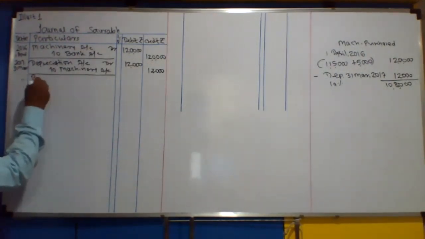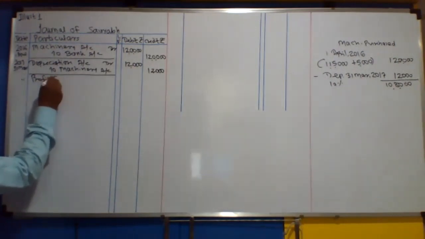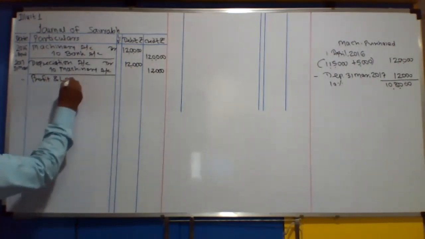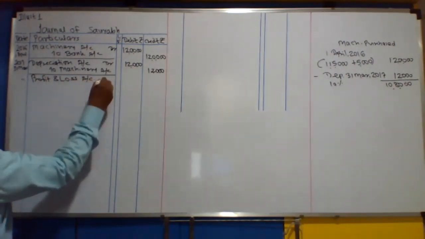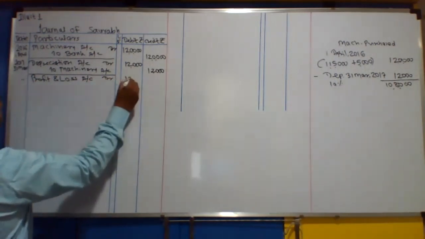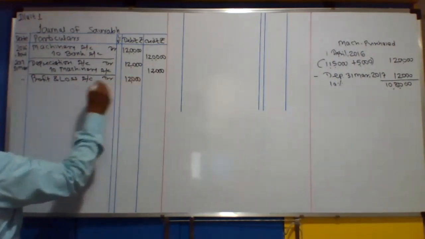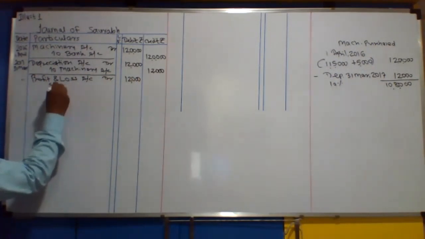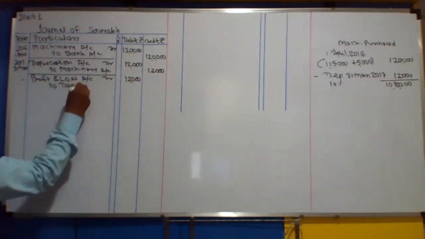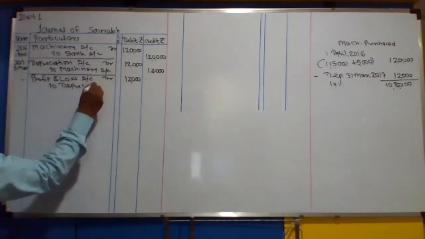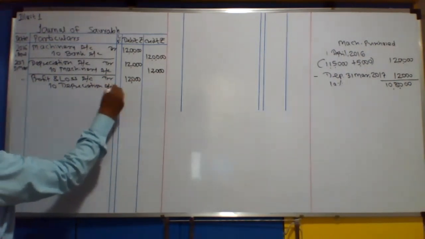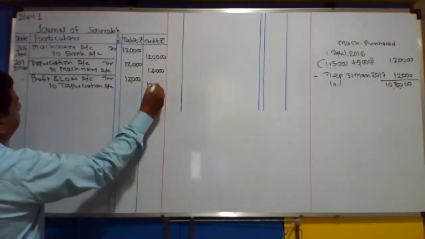Now depreciation is a loss to be transferred to profit and loss account. Profit and loss account debit to depreciation account, amount 12,000 rupees.